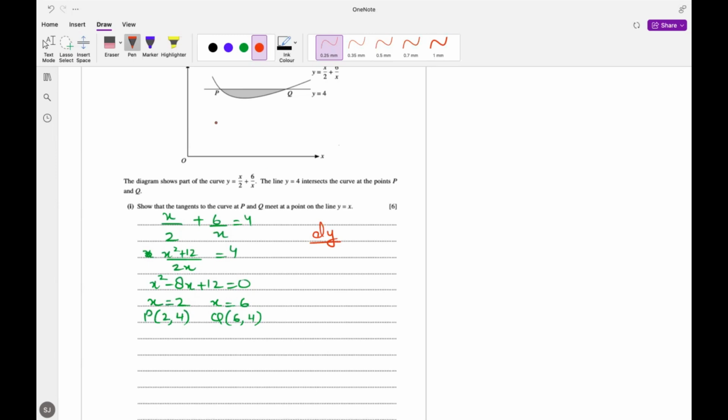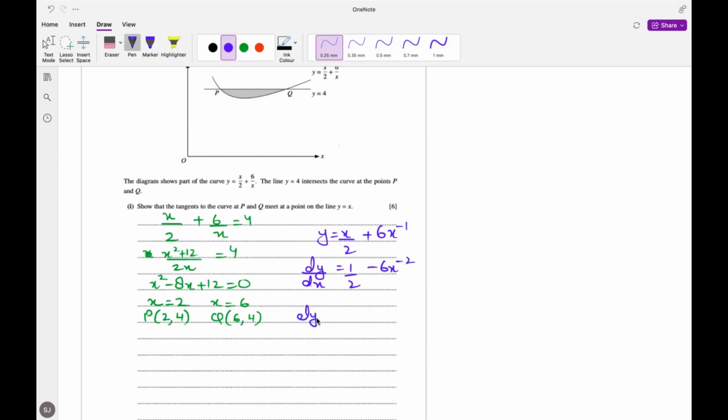Now to find the gradient at points P and Q, we'll first find the dy/dx of the curve. We have the equation as y equals x upon 2 plus 6 upon x, which can be written as 6x to the power minus 1. Finding the dy/dx, we'll get dy/dx equals 1 upon 2. Multiplying minus 1 by 6, we will get minus 6x to the power minus 2.